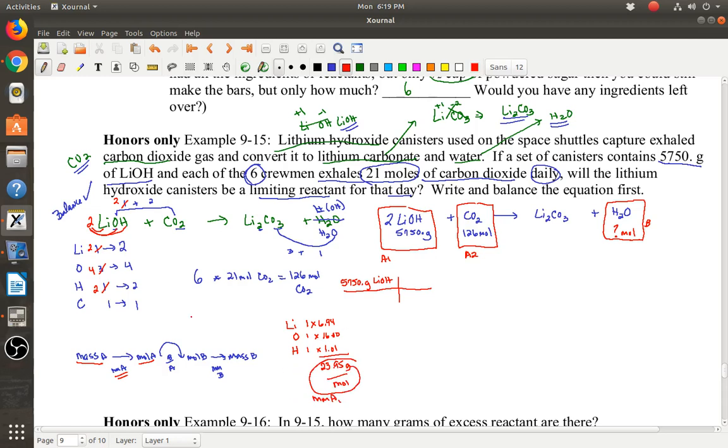Okay, so I'm going to turn mass to moles using the molar mass. So I put 1 mole on top and 23.95 grams on bottom. This is the molar mass of A1. Okay, that gets me to here. I want to go to moles of B, which is my water, so I just need to use the ratio of B over A next. If I look at my balanced equation, you notice there's 1 mole of water, B, over 2 moles of the A molecule.